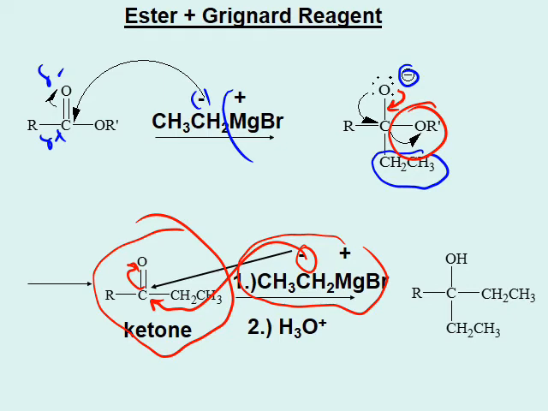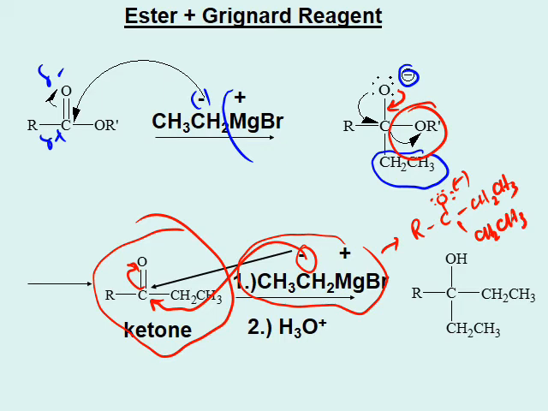So what basically we get is the following: RCO minus, this is minus, and then CH2CH3, and here also we have CH2CH3.